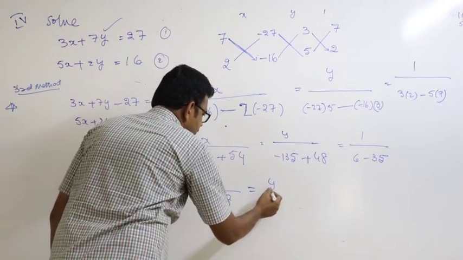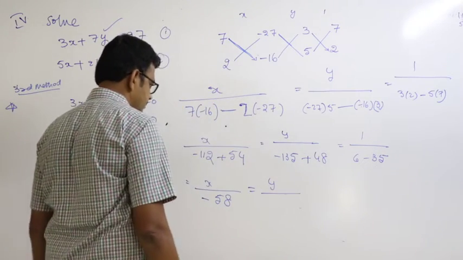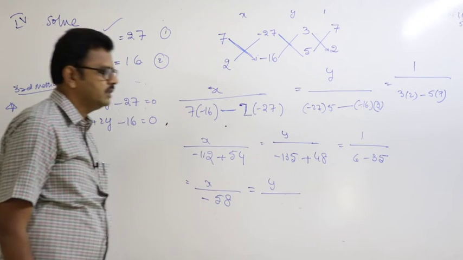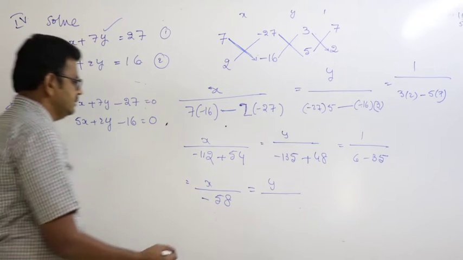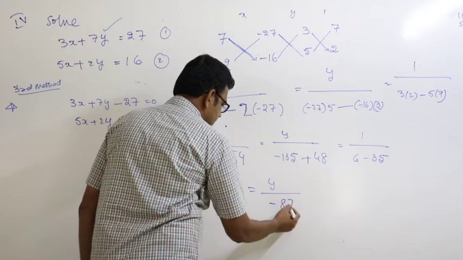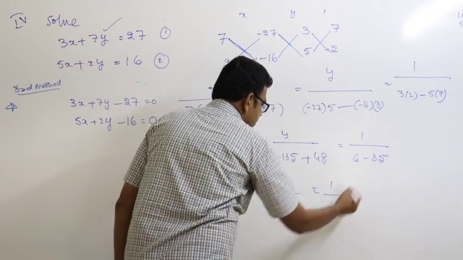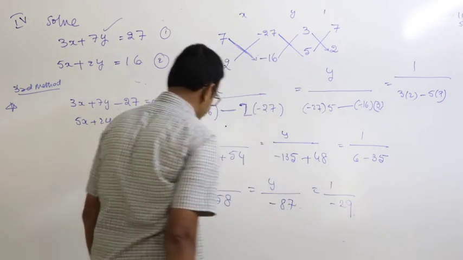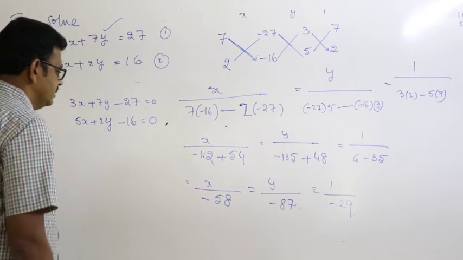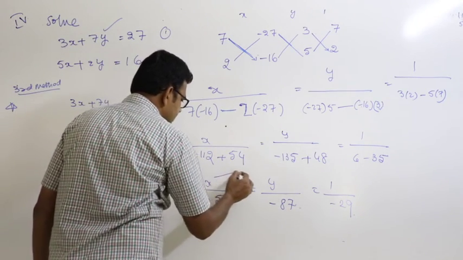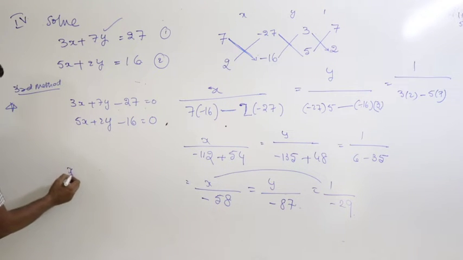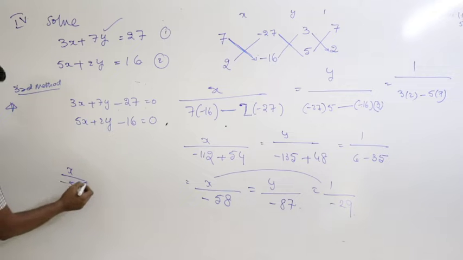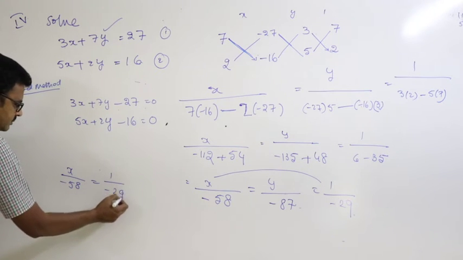Y by minus 135 plus 48, by subtracting, is minus 87. And 1 by 6 minus 35 is minus 29. So equating each one to this constant, x by minus 58 is equal to 1 by minus 29.